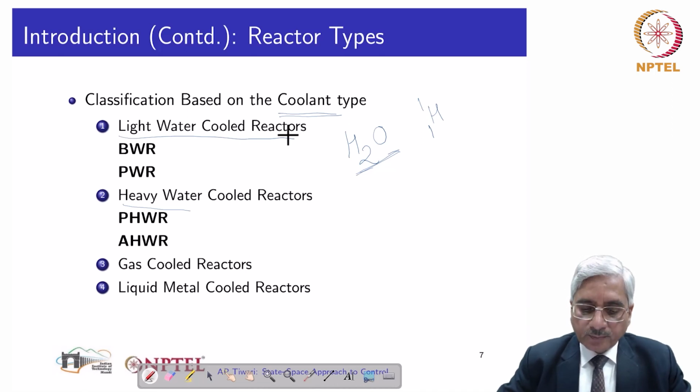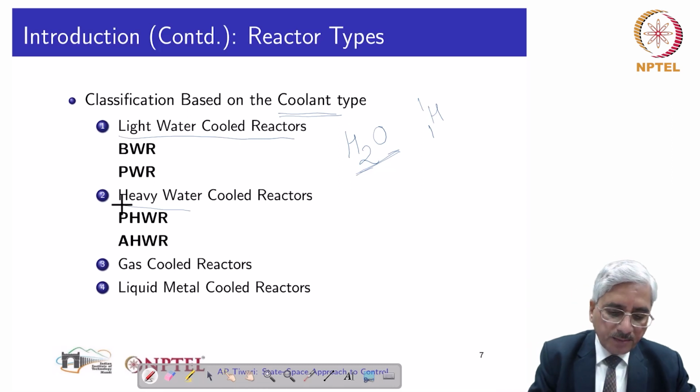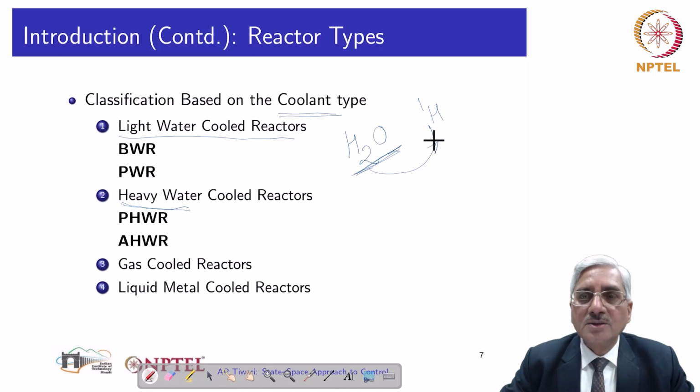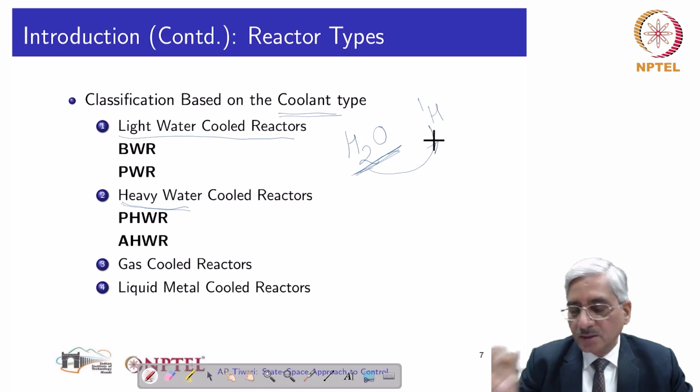And the majority of the reactors in the world use normal water as coolant, and in nuclear parlance it is called light water to distinguish it from heavy water. So light water means the compound of hydrogen and oxygen, and we know hydrogen is 1H1, one proton and one electron. There is no neutron in the nucleus of this hydrogen.